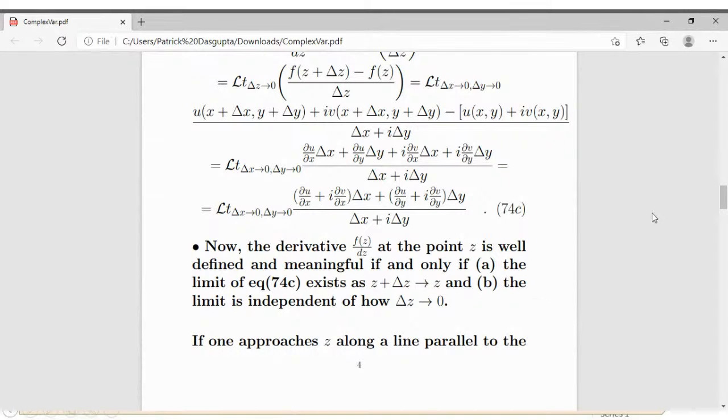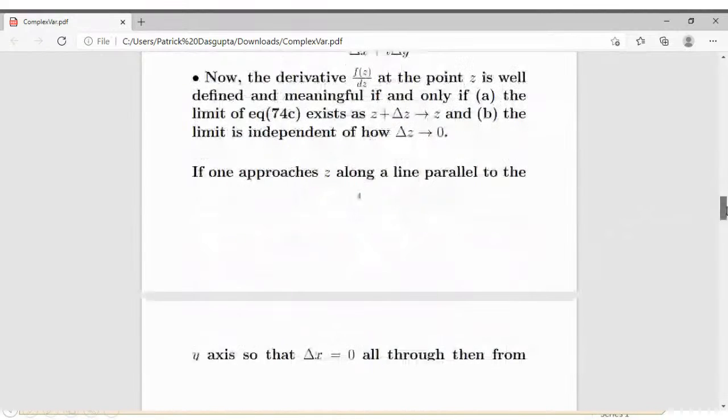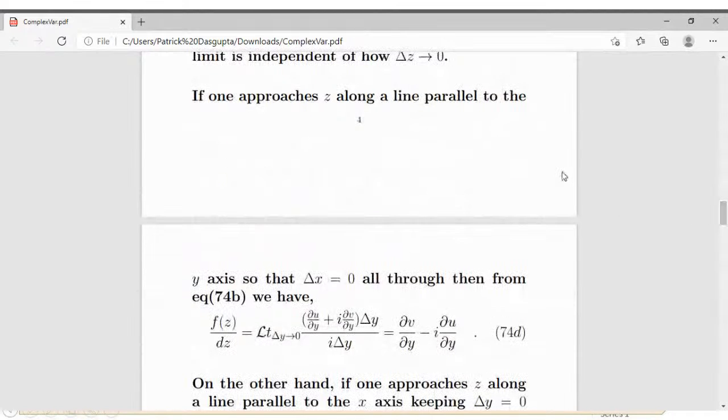So, for instance, we can first consider approaching z along a line which is parallel to the y-axis. If a line is parallel to the y-axis, x value is constant all along the line.